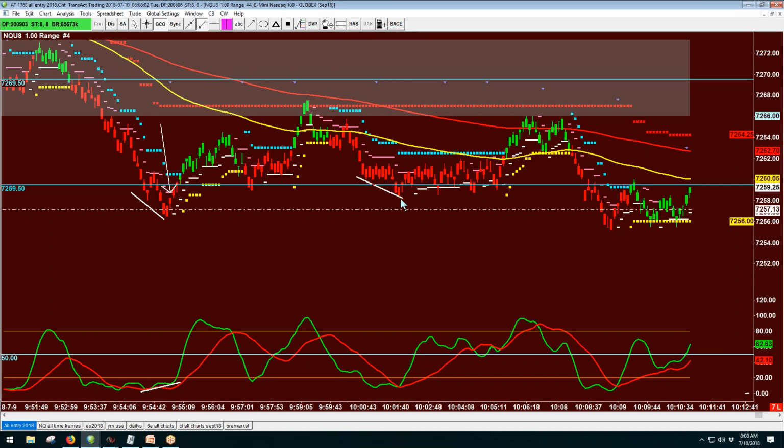If you look at price here, I've got a lower low here than here. And on my green stochastic line, I've got a higher low here than here. And it could even be equal lows. That would still be divergence from what price is doing on the chart.